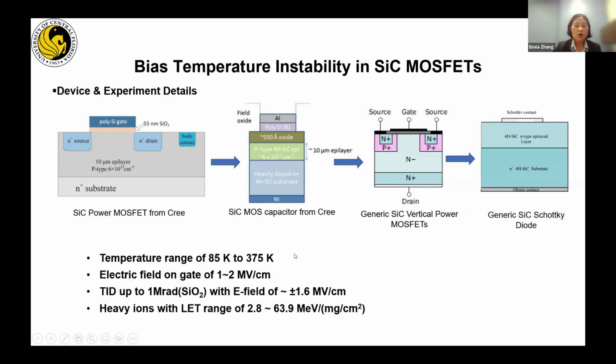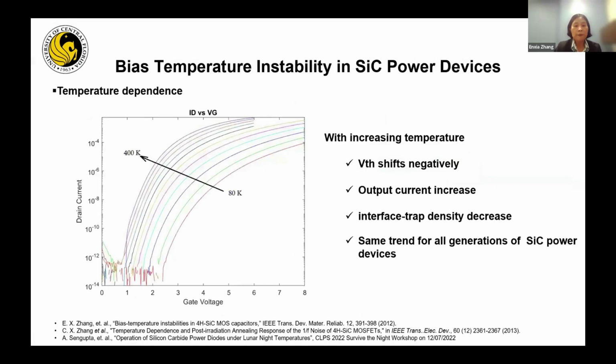We vary different temperatures and different electric fields, and we vary the total ionizing dose and heavy ion testing over a range of LET. That can give us a feeling of how good these devices are for space environments.